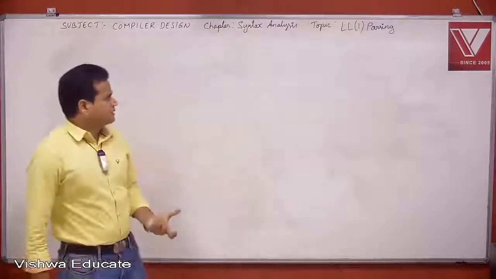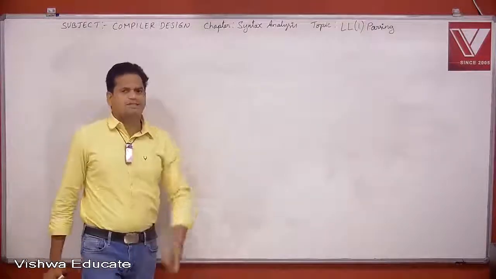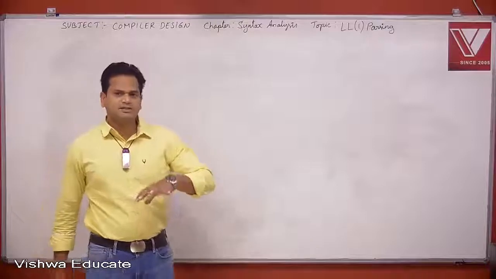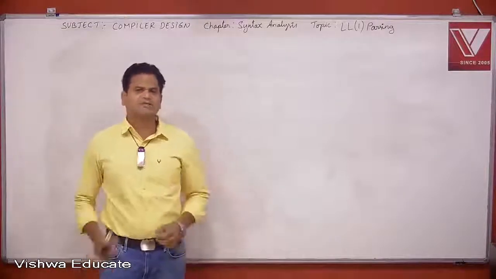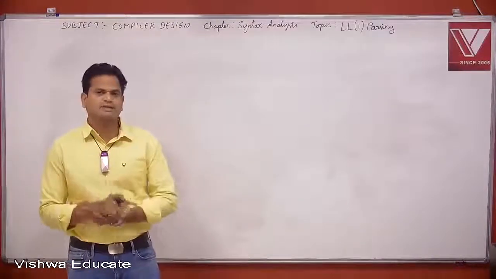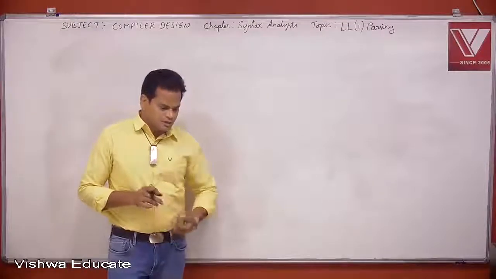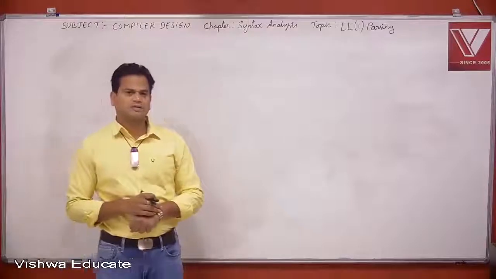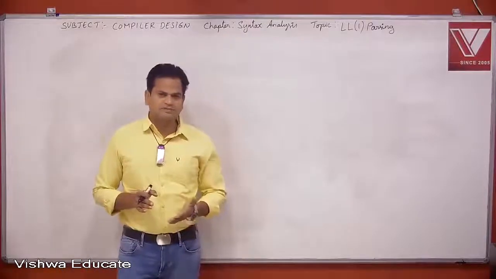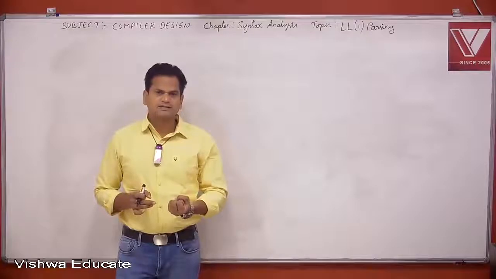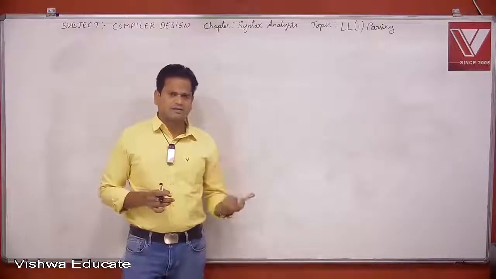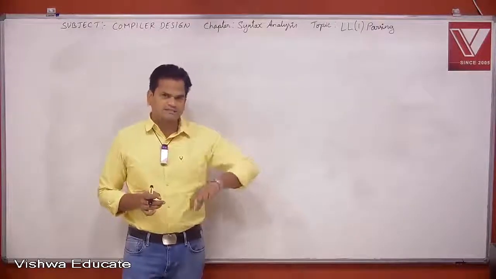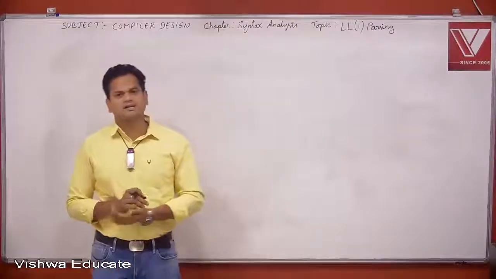Actually, when a grammar is given, they ask you, is that grammar LL of 1? Means, is the grammar an LL of 1 grammar? LL of 1 or not means, can we parse the string from that grammar using LL of 1?